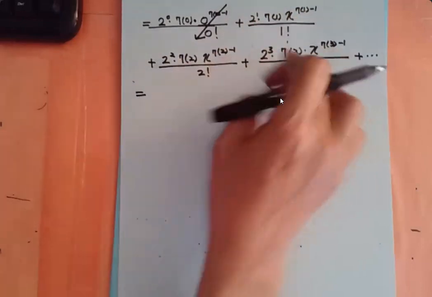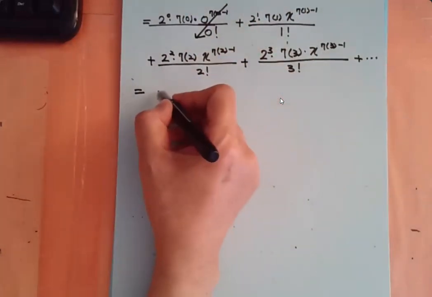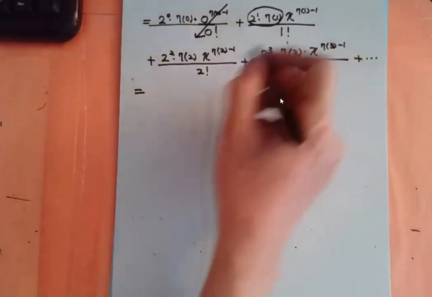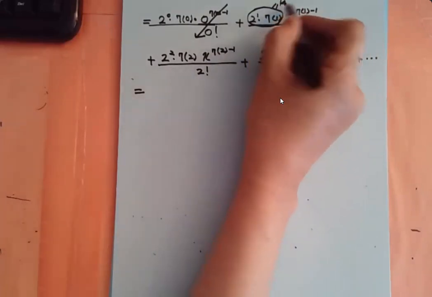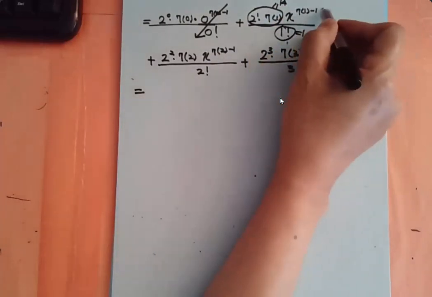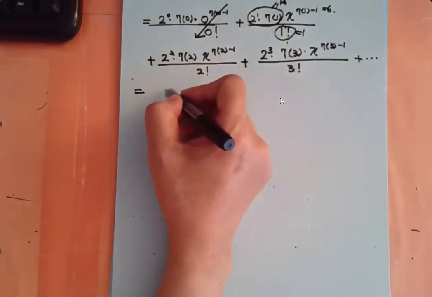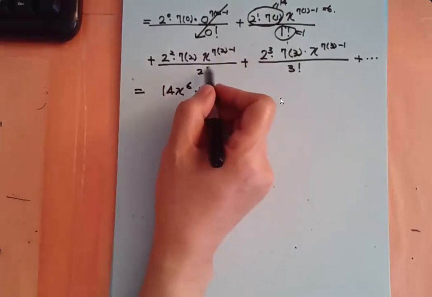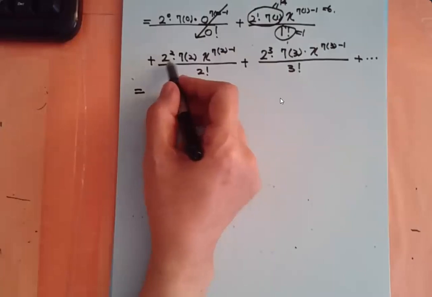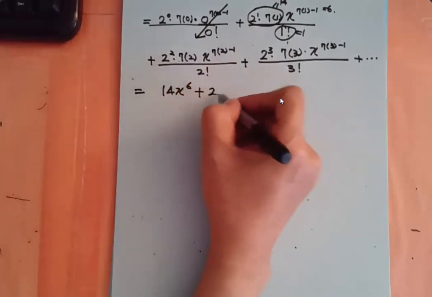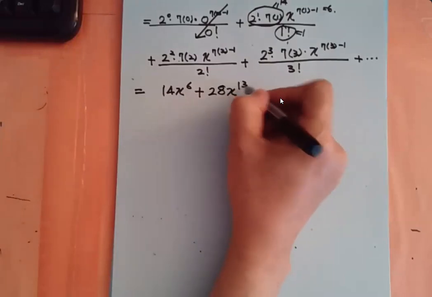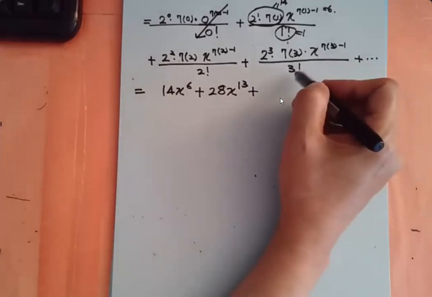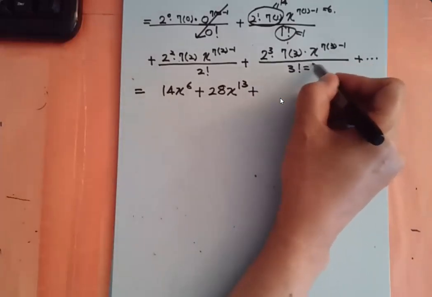We have to write three non-zero terms. This part will make 14. And this is 1, this is 14. This is a 1, and this is 6. And so the first term is 14x^6, plus, these two will cancel each other, 4 times 7 will make 28, so 28x^13, plus, if you calculate further, this one is 3 times 2, right?